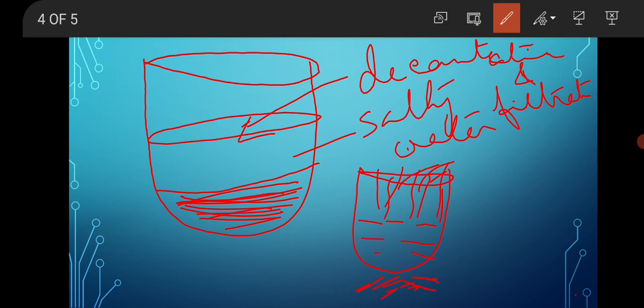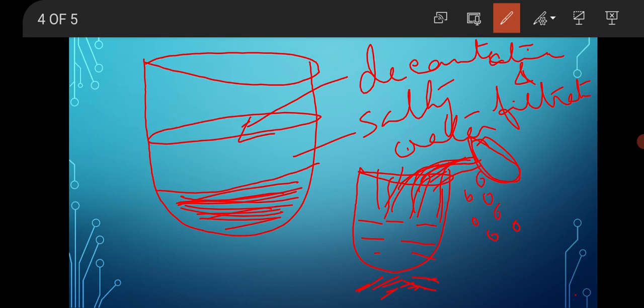So if we keep here a pan which contains ice cubes, and when this vapor comes in contact with this pan, it starts to condense to form droplets of water.